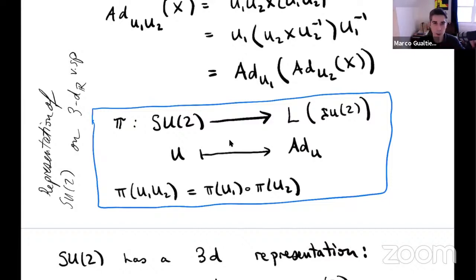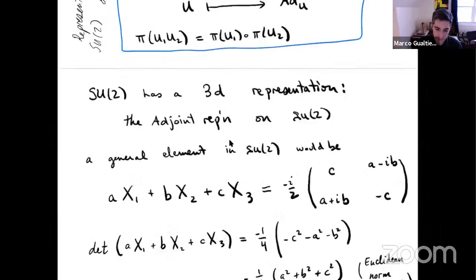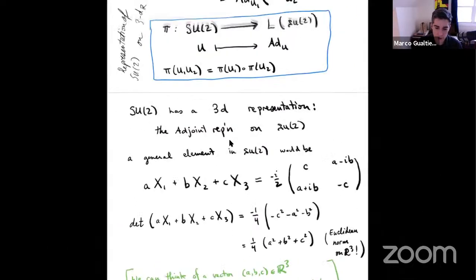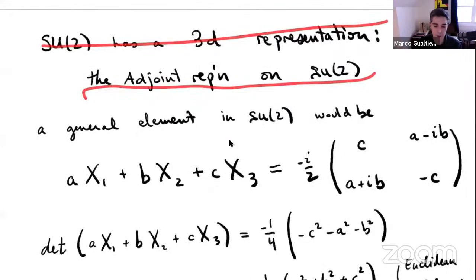We had one which is called the standard representation, where it just acts on C2, and now we have a representation on R3. So just summarizing, SU2 has a three-dimensional representation, the adjoint representation on its own Lie algebra.